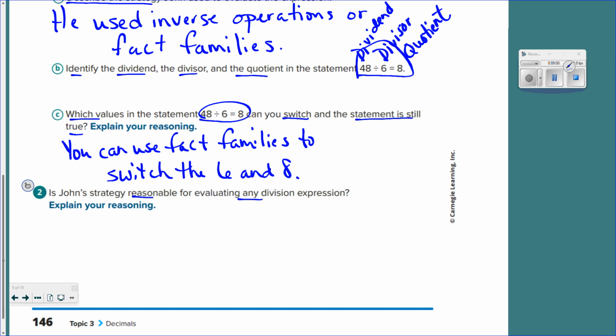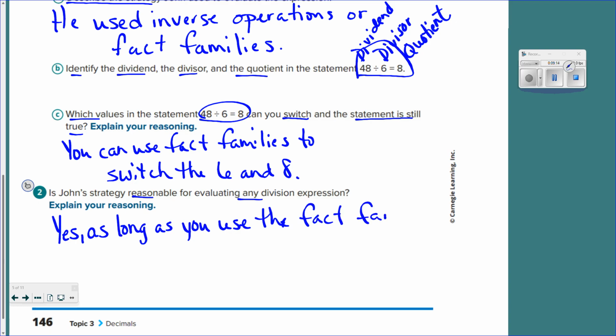But yes, as long as you know the fact family, it doesn't matter. So if we know the fact families, that will work for any problem, because those are always going to be directly related.